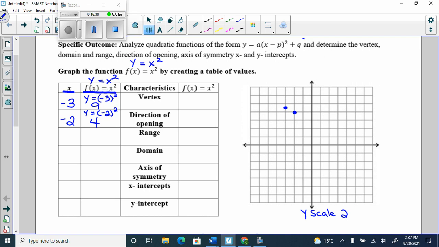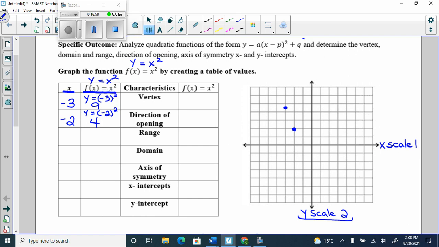I just counted them as ones. And what's my y scale? 2. Sometimes I would like to pretend I did that to prove a point, but that was just stupidity. So, negative 2, 2, 4. So always remember, once you plot your scale, and then my x scale I'm making be 1. So when they're different, sometimes I forget. So sometimes you'll forget, so don't forget.